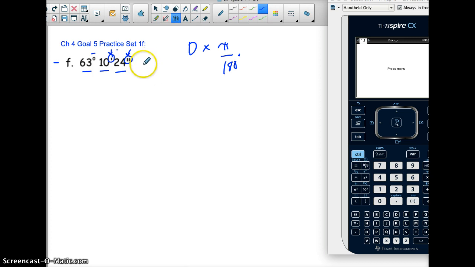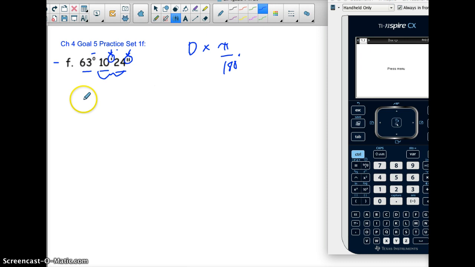Not in terms of a clock, but in terms of direction. So in order to convert from degrees, minutes, seconds into radians, we first have to change all of our degrees, minutes, seconds into degrees as some decimal value.